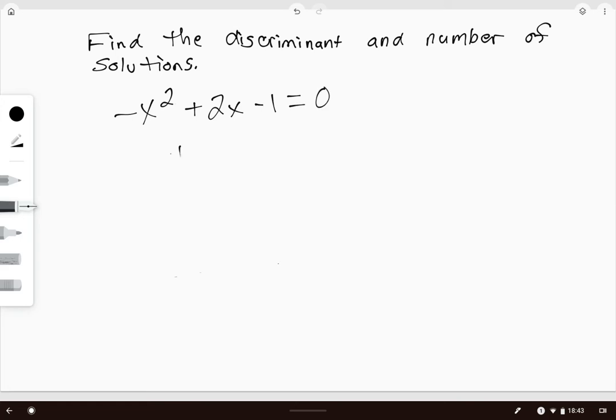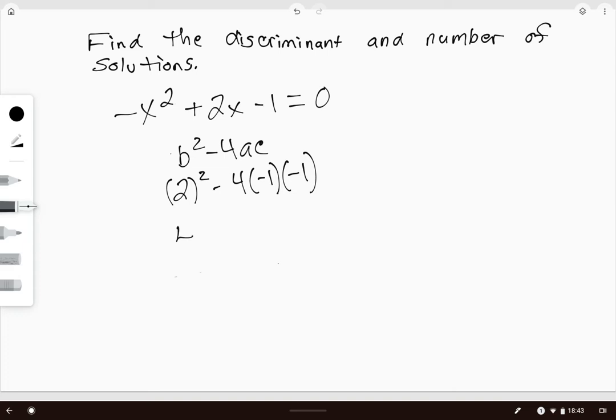So same thing, I take the formula b squared minus 4ac. So my b value here is 2. So I'm going to have 2 squared minus 4. So a is going to be a negative 1 since it's a negative x, times c, which is also a negative 1.